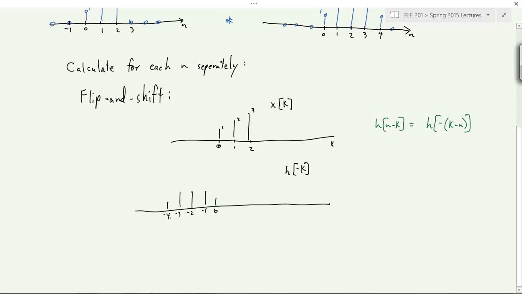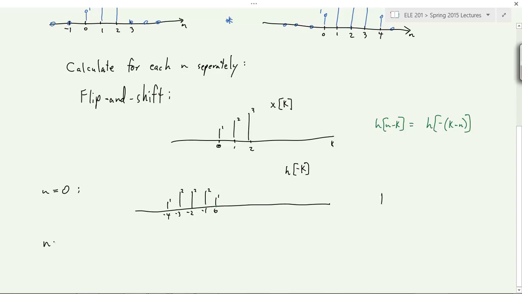All right, that's h of negative k. And so this will be the calculation for n equals 0. What we'll do is we'll multiply these two and add them up, right? So the output. When we multiply these, there's only one overlap here, a 1 times a 1. Everything else is a 0 times a number, right? So we end up with 1 as the value.